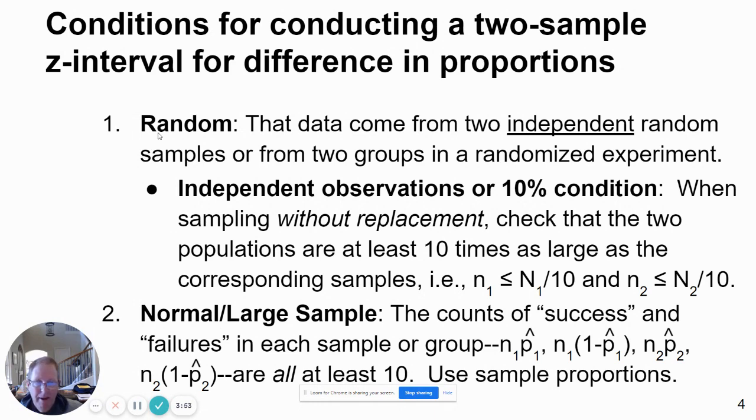So n1 times p-hat1 has to be greater than or equal to 10. n1 times 1 minus p-hat1 has to be equal to or greater than 10, and so on. You have to show that all four of those are at least 10. And as a reminder, we are using sample proportions, p-hat1 and p-hat2.